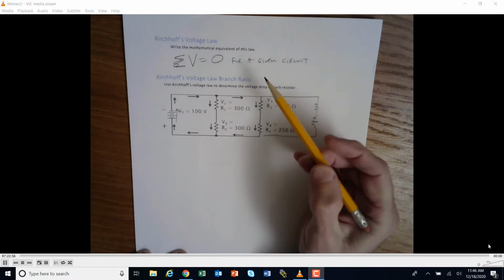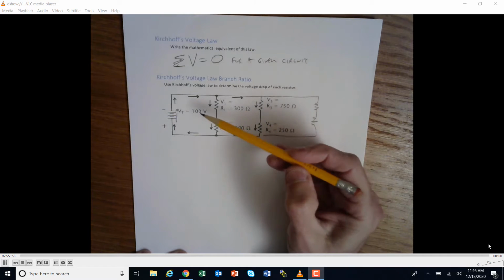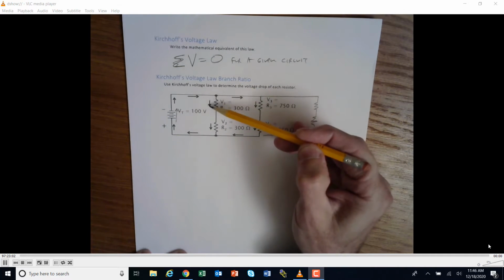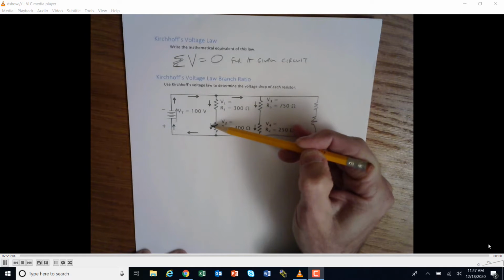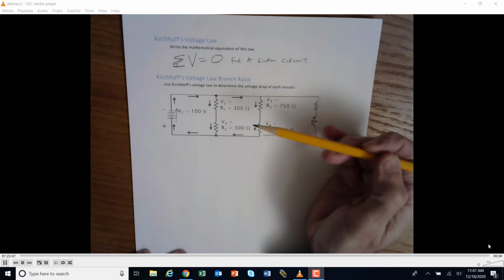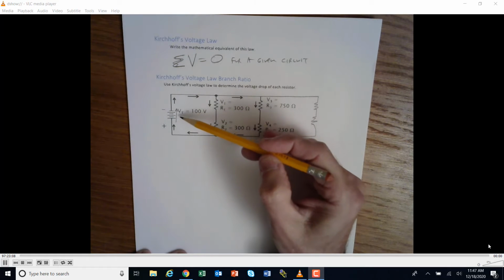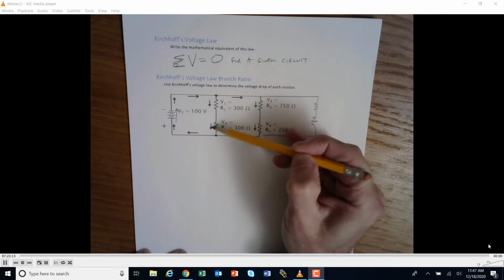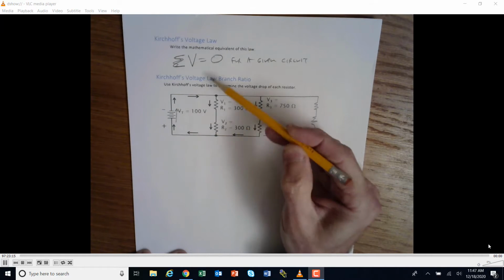That's saying the sum of the positives and the negatives is going to be equal to 0. We're trying to get the sum of this voltage minus this voltage minus this voltage, and it should be equal to 0.